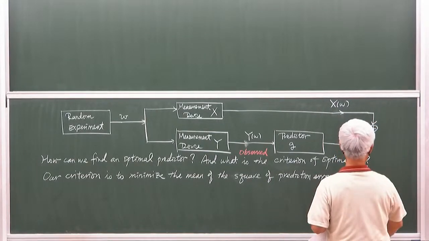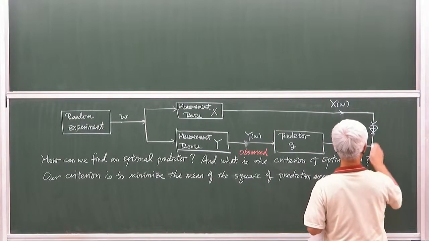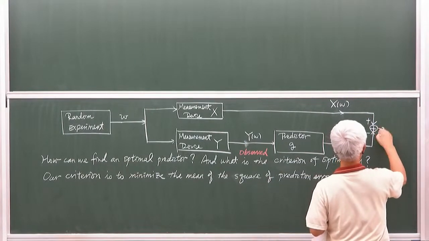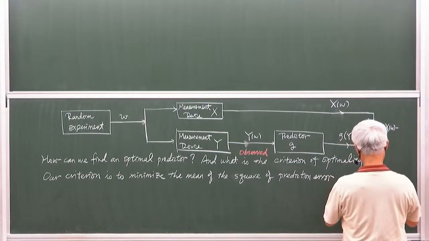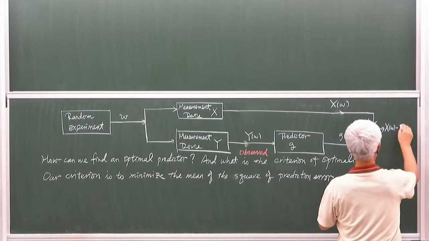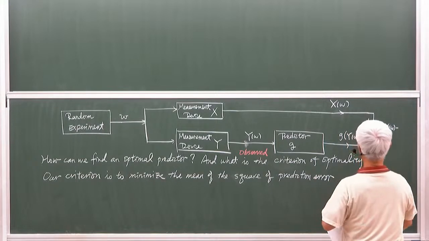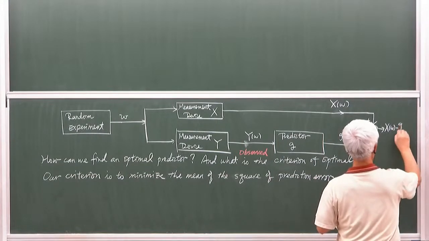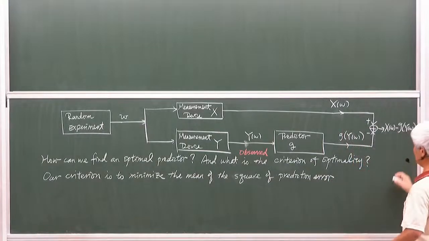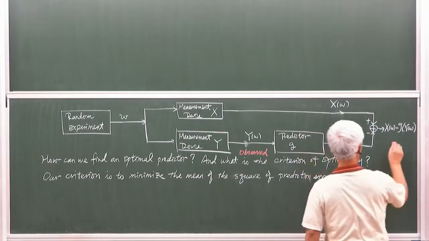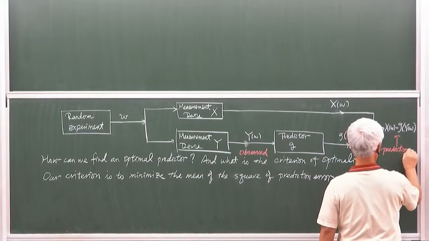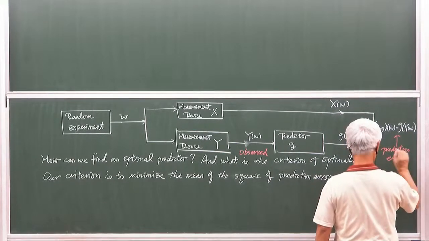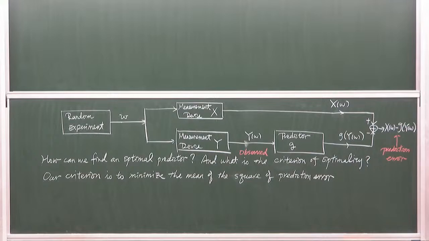The prediction error is the difference, X minus G of Y. So that is the prediction error.